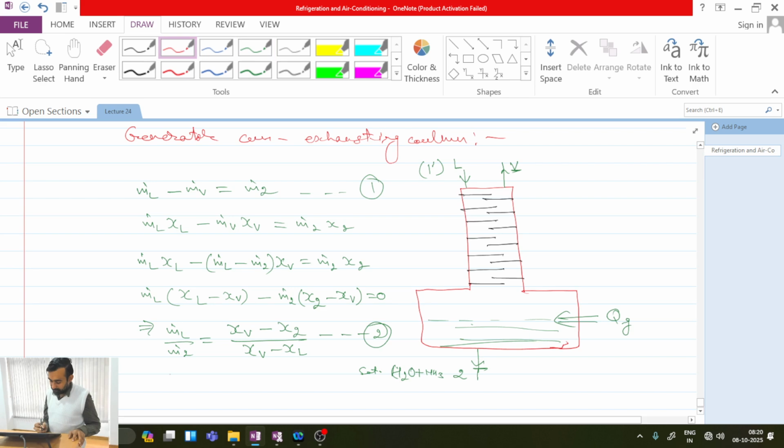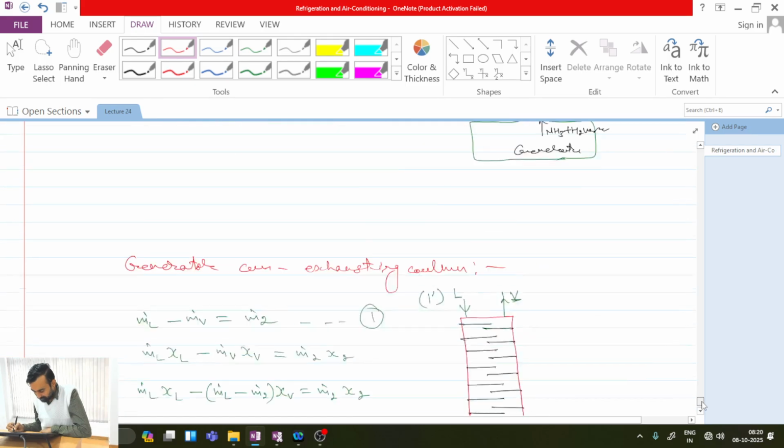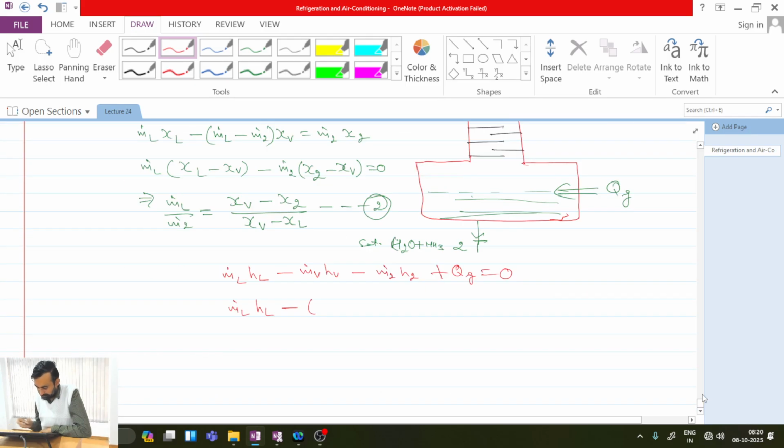m dot L by m dot 2 is clear to all. What next? Energy balance. m dot L into HL minus m dot V into HV minus m dot 2 into H2 plus QG. QG is added to the system. So again I will be replacing m dot V. With what will I replace m dot V? m dot L minus m dot 2.